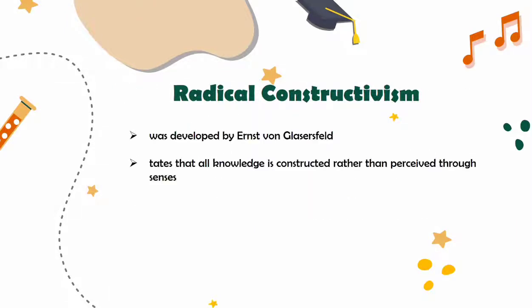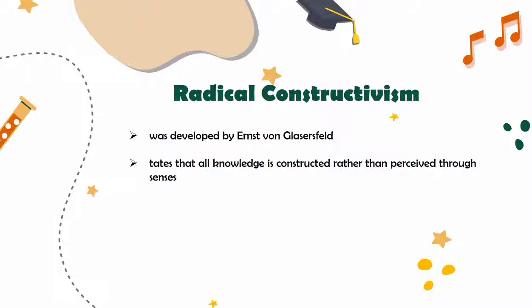In letter C, the notion of radical constructivism was developed by Ernst von Glasersfeld in 1974, and he states that all knowledge is constructed rather than perceived through senses. So learners construct new knowledge on the foundations of their pre-existing knowledge.